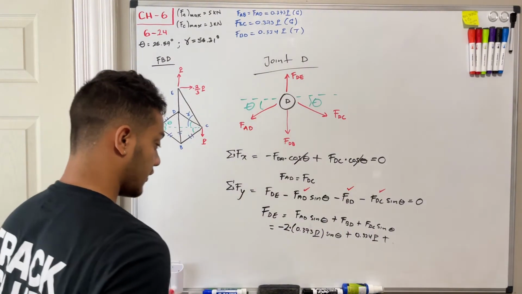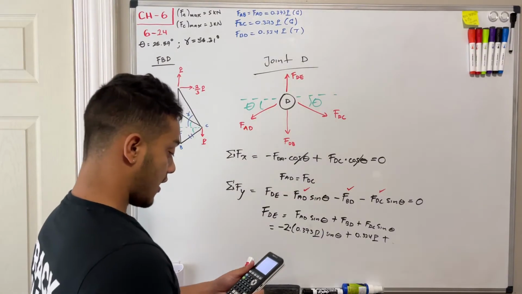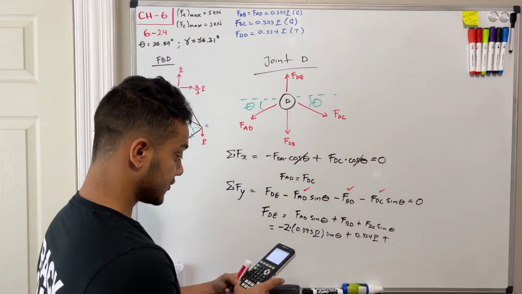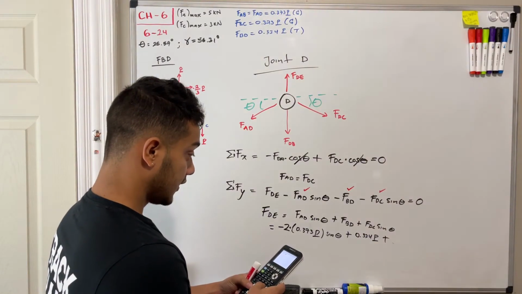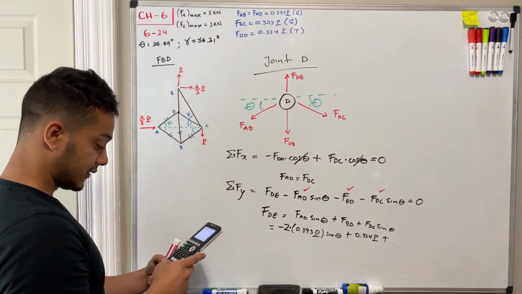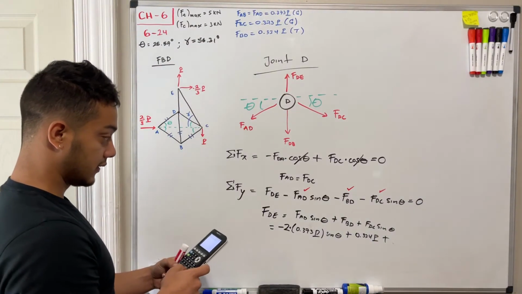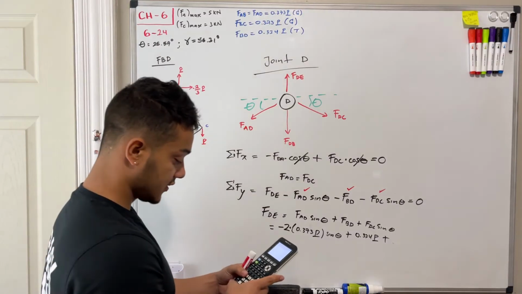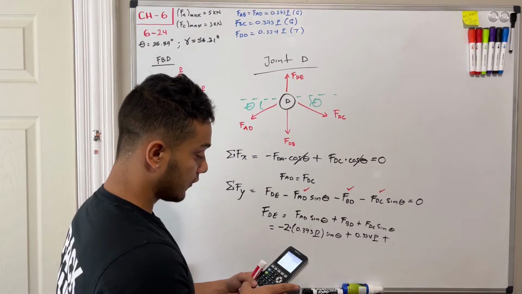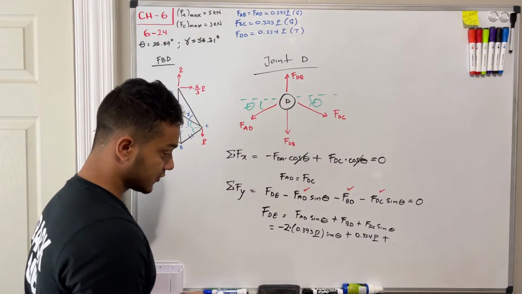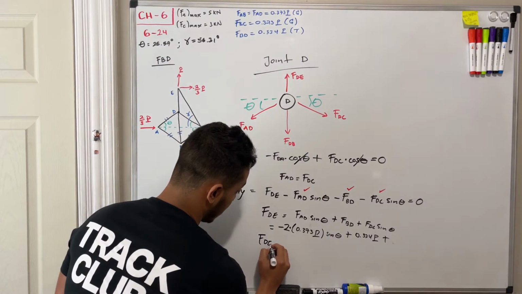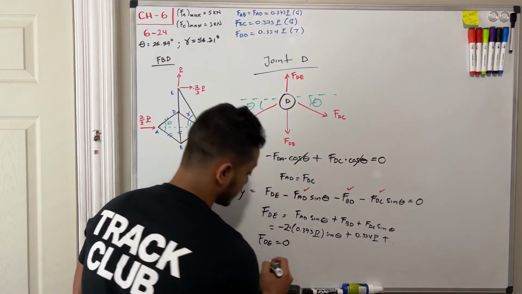So if we put in our calculator, I want negative 2 multiplied by 0.373 times sine of theta, 26.57, plus 0.334, we'll figure out that this value is equal to 0. So FDE is equal to 0.